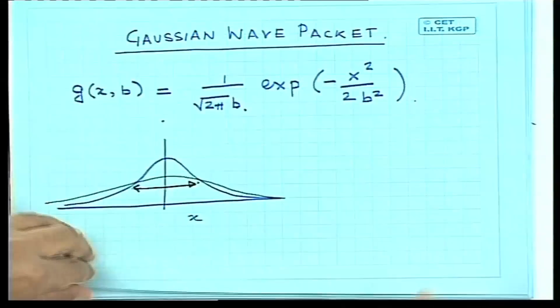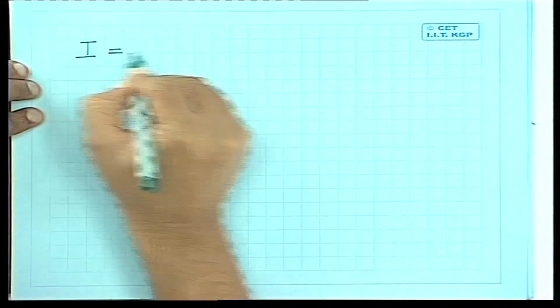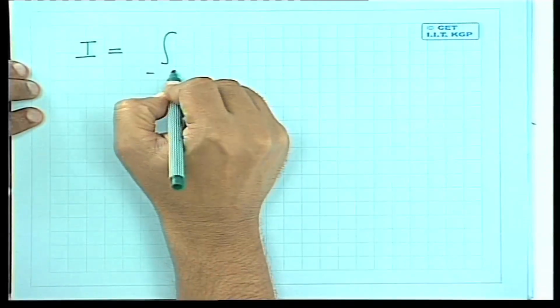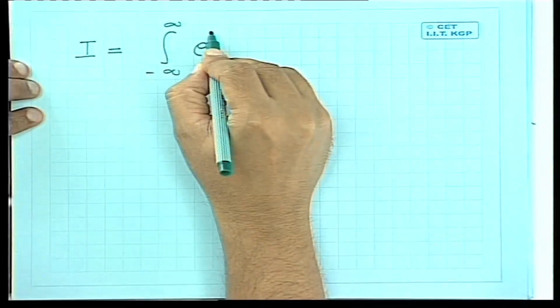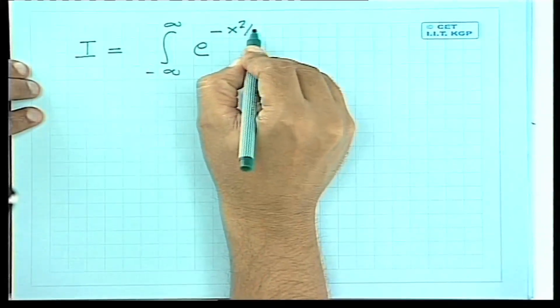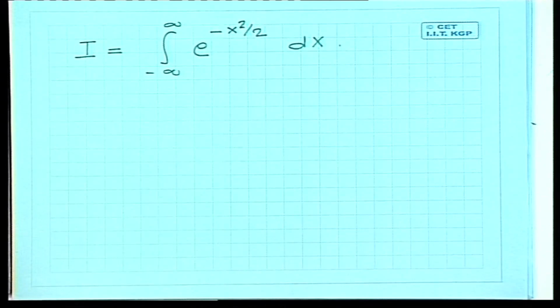The second point, which is a mathematical feature, let us do some mathematics. Let us look at the integral I, which is important if you're dealing with Gaussians. How do we go about evaluating this integral?